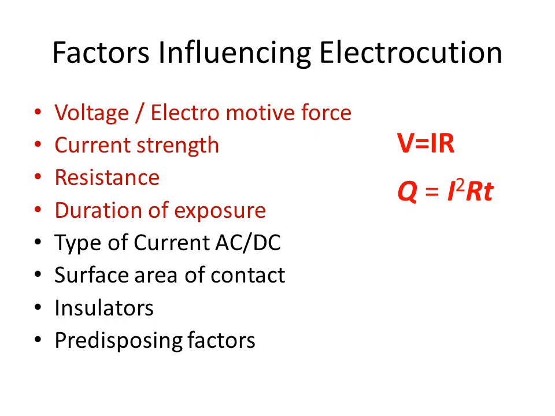Here is another important factor which is known as the predisposing factors. These factors have to be explained. Predisposing factors means a person might be suffering from an age-old disease which can be exacerbated due to this electrocution.